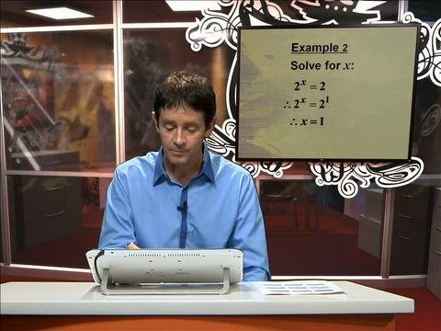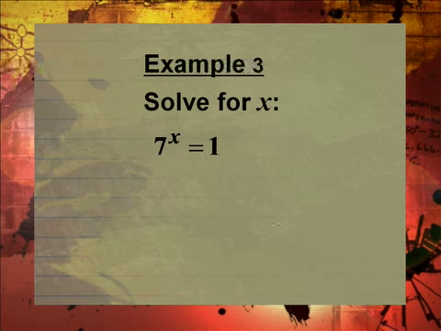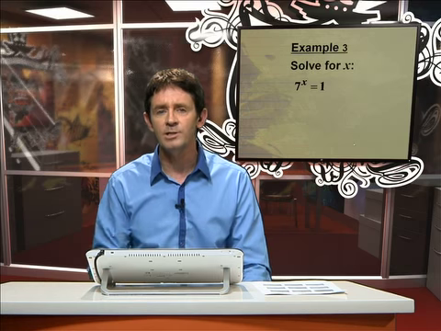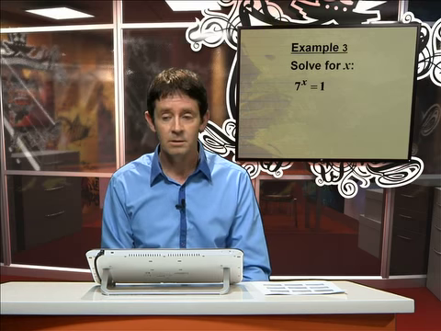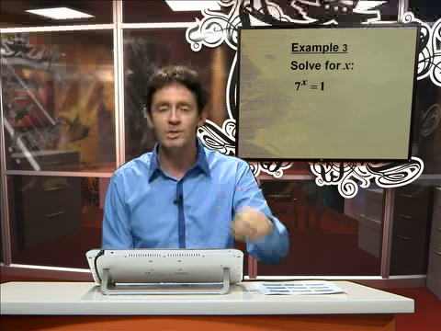Another one. Example 3. Well, 7 to the x is 1. You might be saying this is a problem because the bases are not the same. But think about it, 7 to the what is 1? Yes, someone in the Cape. I'm sure it was Cape Town that said it.